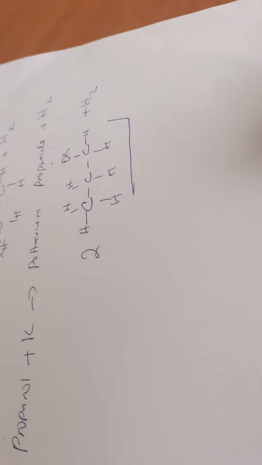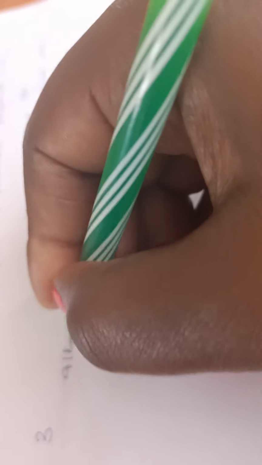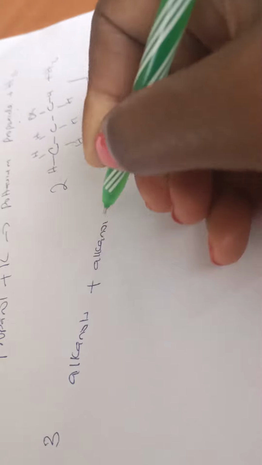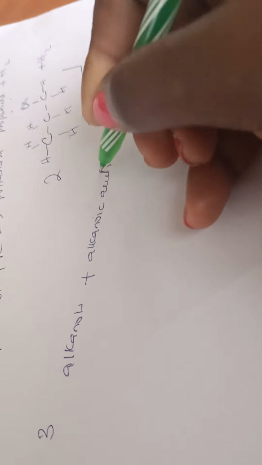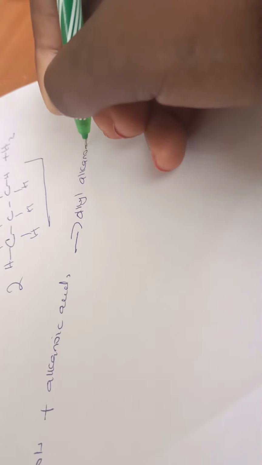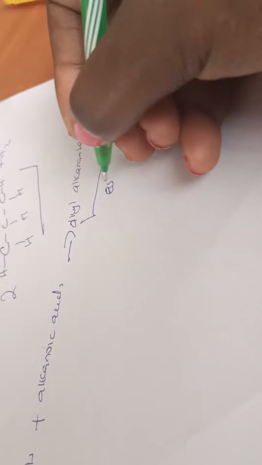Now, number 3, alkanols react with alkanoic acid to form alkanoates. This alkanoate, we call it an ester.